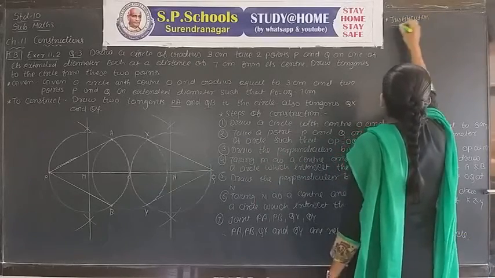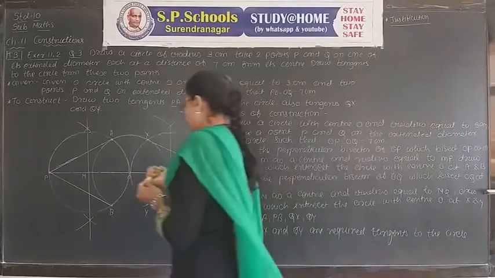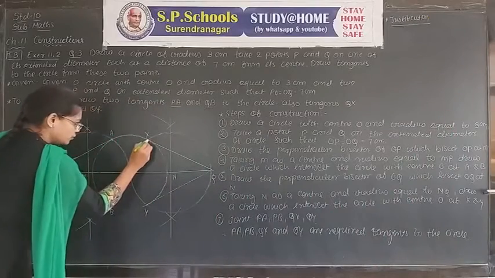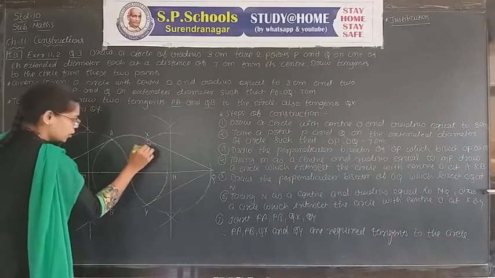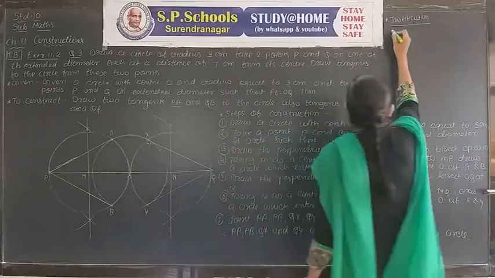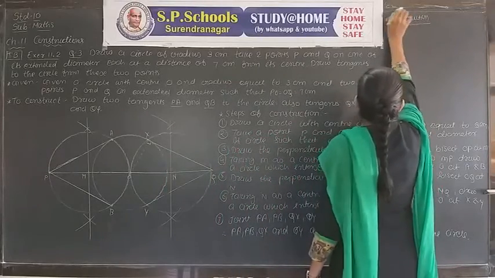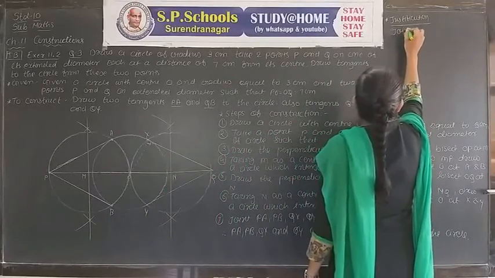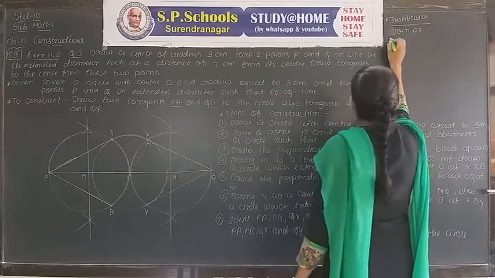Now, justification. To justify this construction, we have to take one radius OX: draw or join OX.